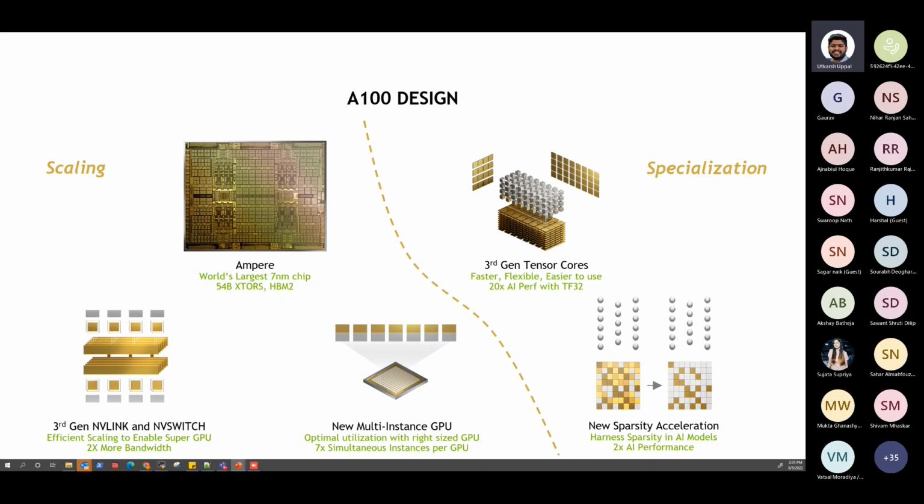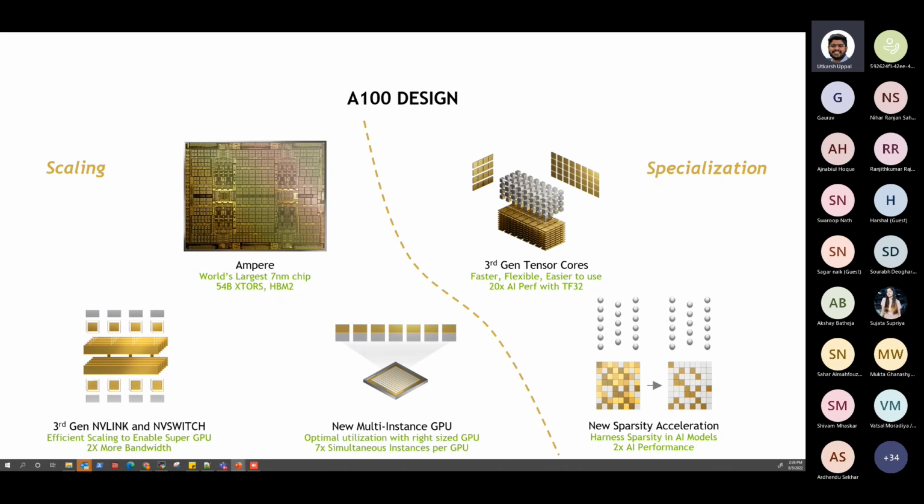As a result, moving from the Volta architecture to Ampere, all the Ampere cards, A100, A30, have this multi-instance GPU feature, where you can virtually slice your GPUs into 7 partitions at max.